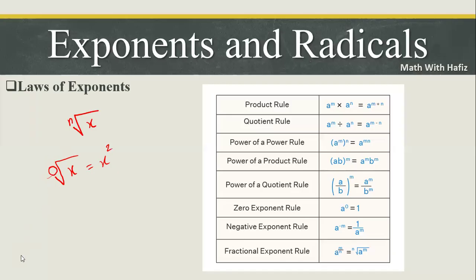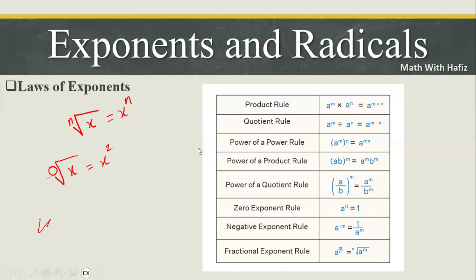And if not, it will be equal to x to power of n. This is how you convert from radical expression to exponents or vice versa.